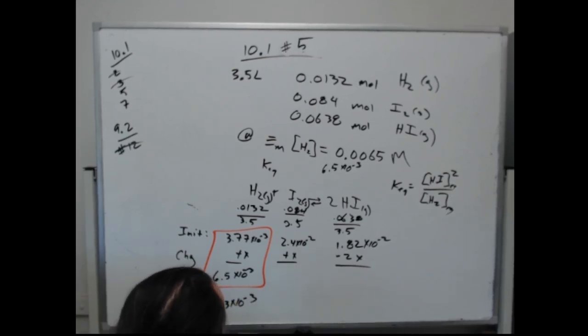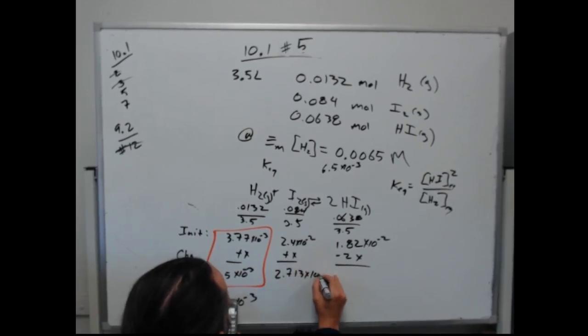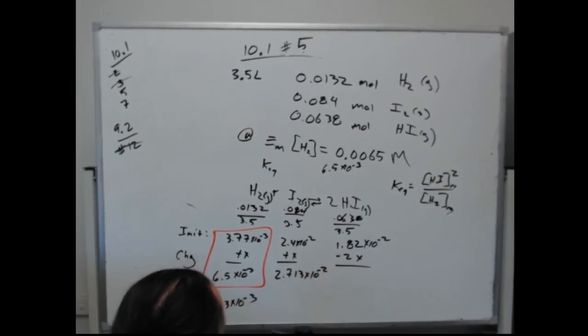Right, so I can do 2.73 times 10 to the minus 3 plus 2.44 times 10 to the minus 2. It's going to get me 2.713 times 10 to the minus 2. And then I can do 1.82 times 10 to the minus 2 minus 2.73 times 10 to the minus 3 times 2 negative is equal to that.